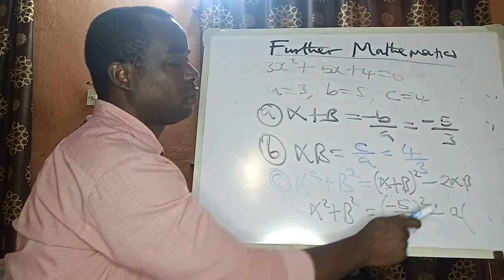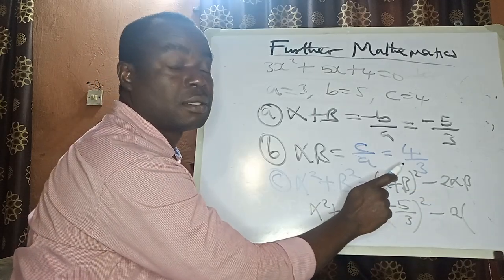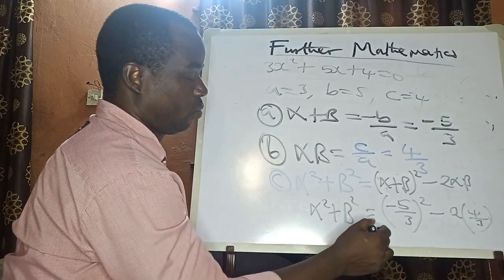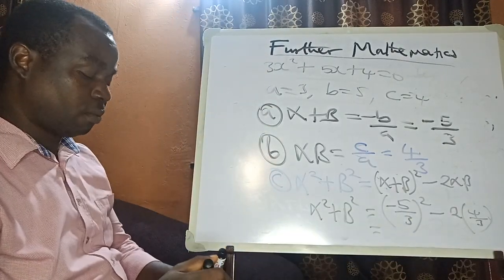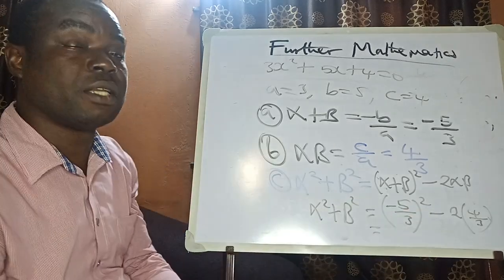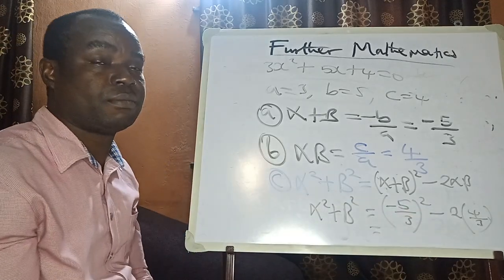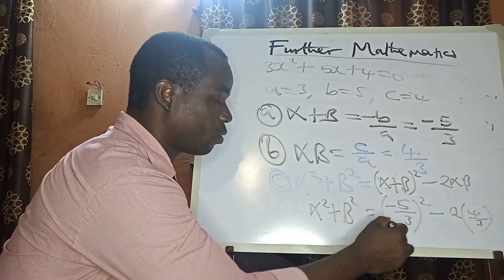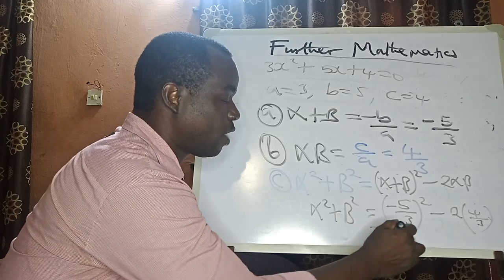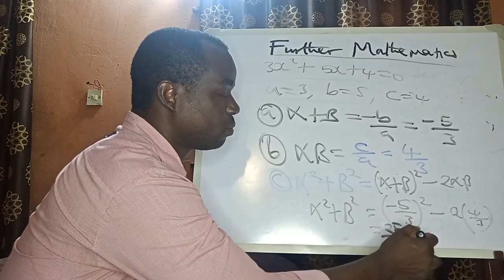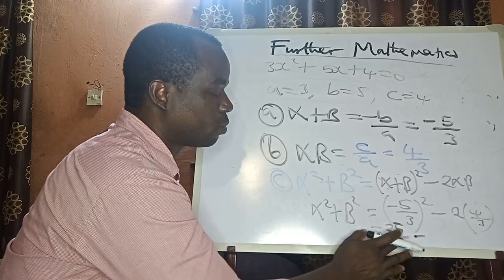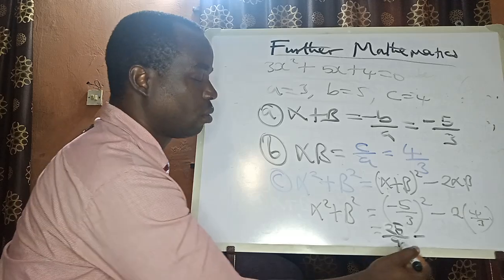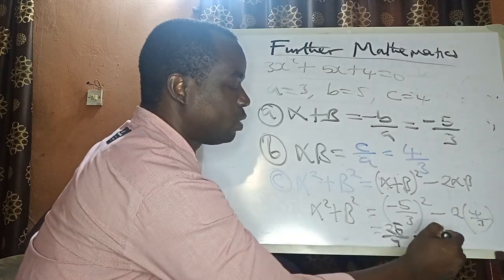What's our alpha beta? Our alpha beta is 4 over 3. So how do you square this one now? Minus 5 all squared is minus 5 times minus 5, which is plus 25 over 3 squared, which is 9. So it is 25 over 9 minus 2 times 4 is 8 over 3.